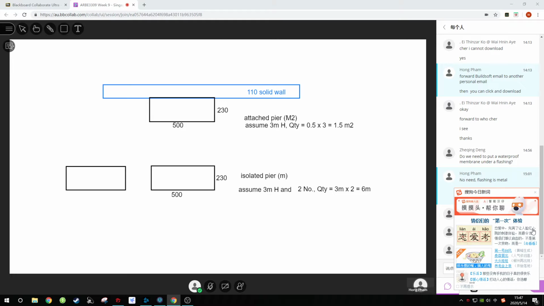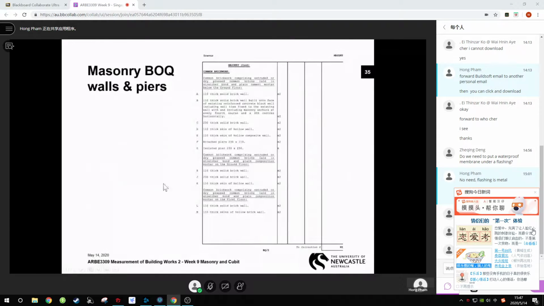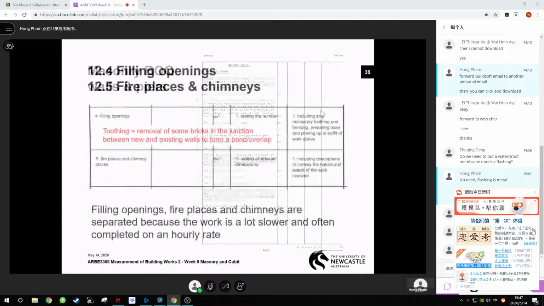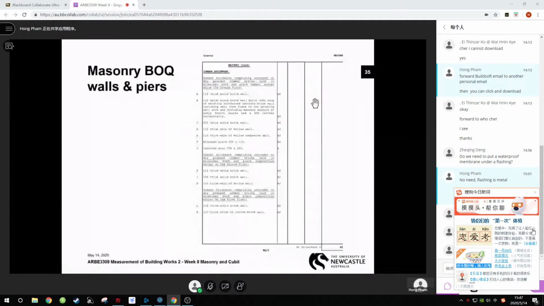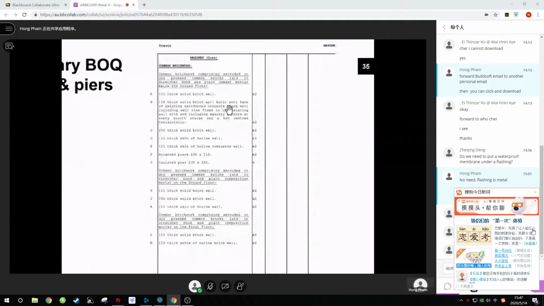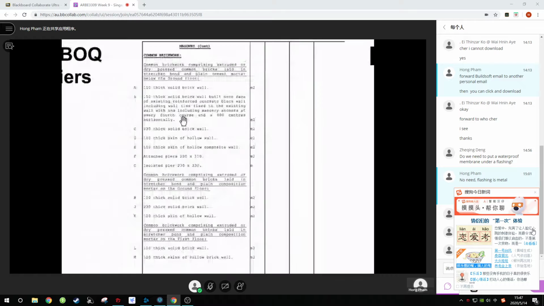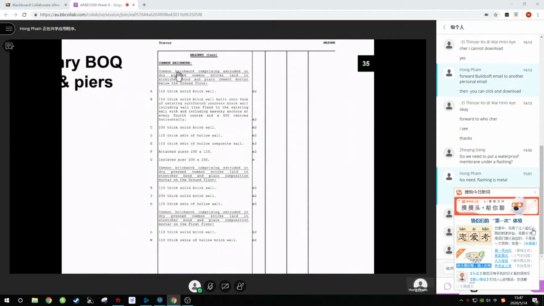Let me move on to here and I'll give you an example of how a BOQ will look. This is pretty important. Usually it will come with descriptions.